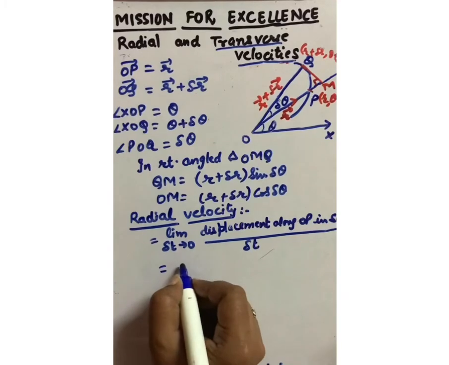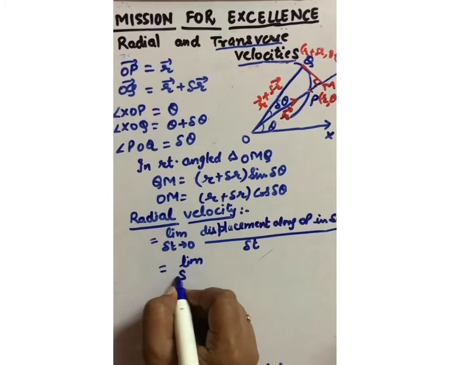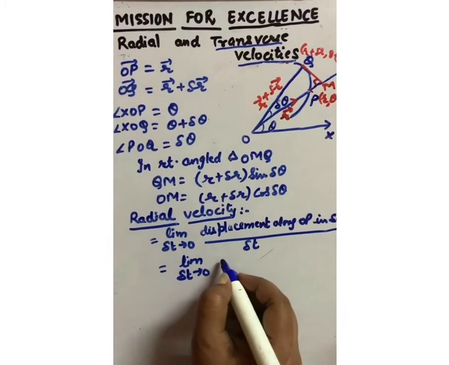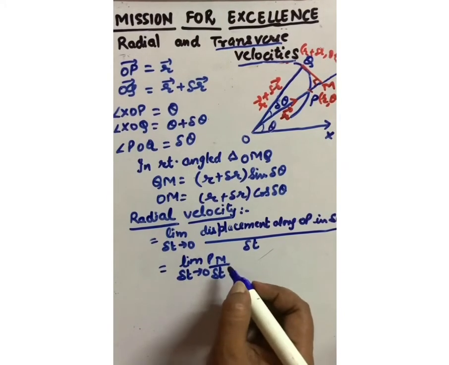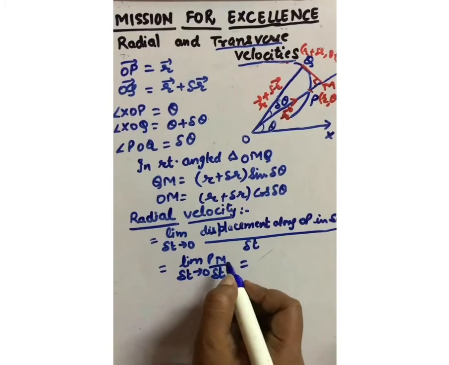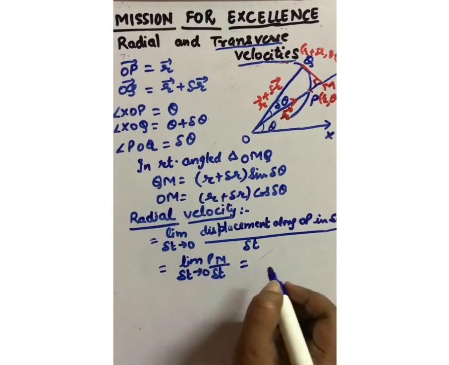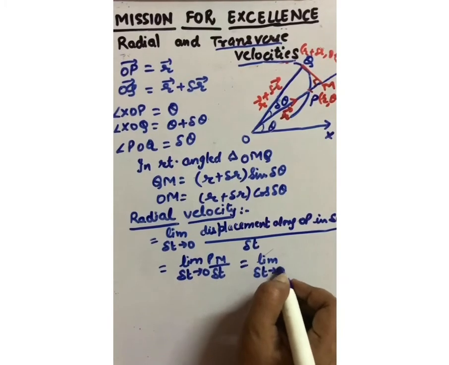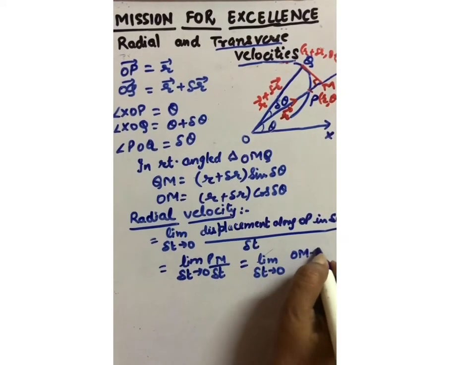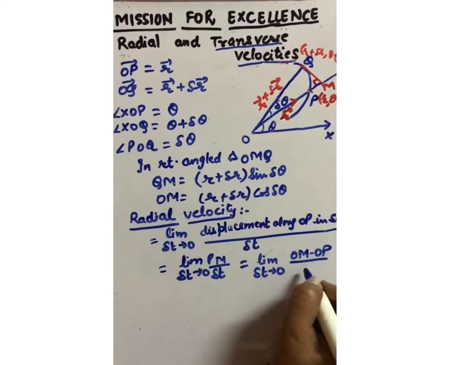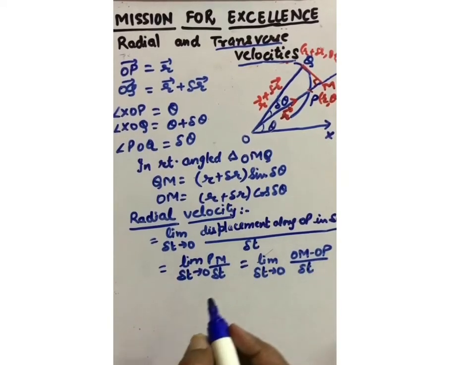So it is denoted as limit delta t tends to 0 PM by delta t. So now PM is OM minus OP. So let us take this limit delta t tends to 0 OM minus OP divided by delta t.